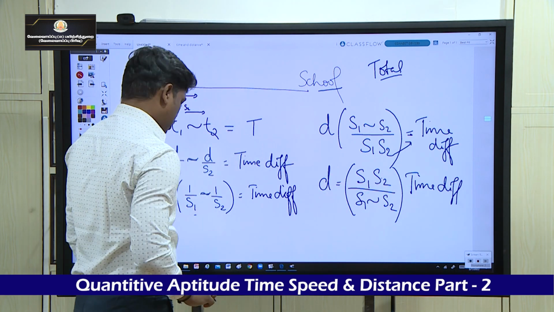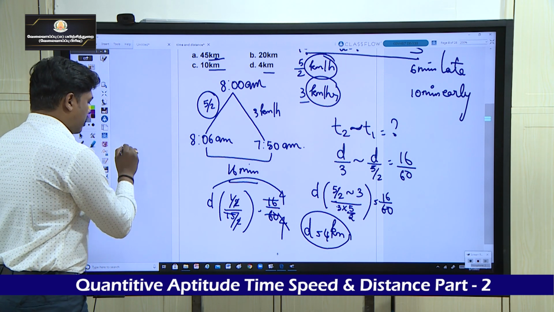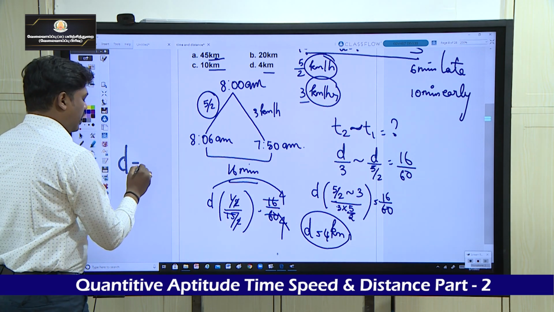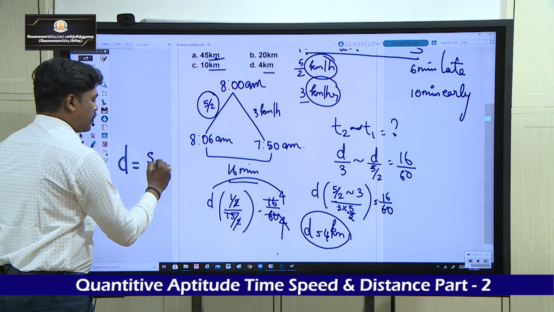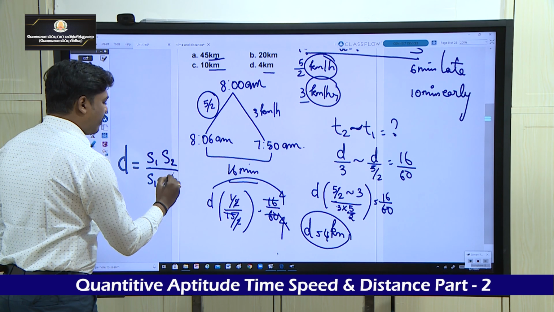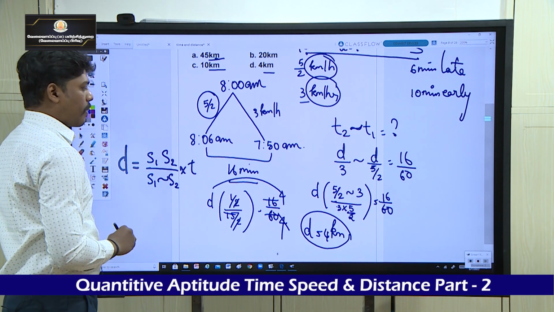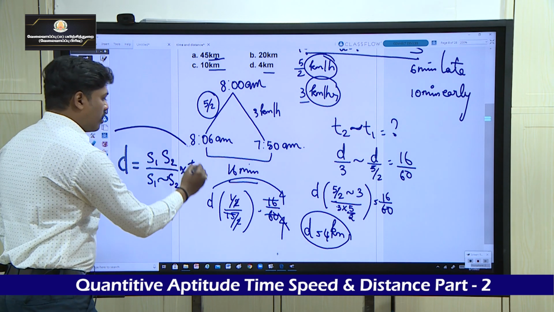So look at the formula. So just apply the formula here. So distance is equal to S1 into S2 divided by S1 difference S2 into time difference. Okay. This is the formula we are going to use here.